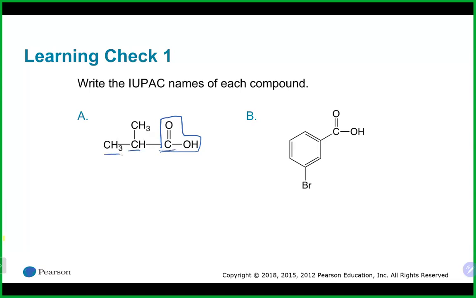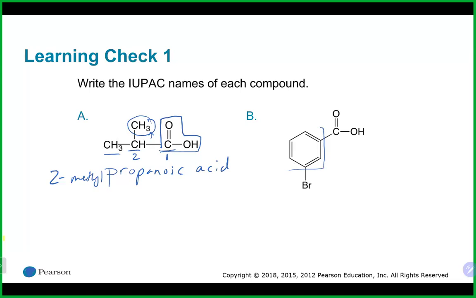So 1, 2, 3. Also, obviously, you could go that way to get 3. So 3 is going to be based off of propane, propanoic acid. Once again, this is going to be carbon number 1. Carbon number 2 is where we're going to find our methyl, so 2-methylpropanoic acid. Any questions on that one there?